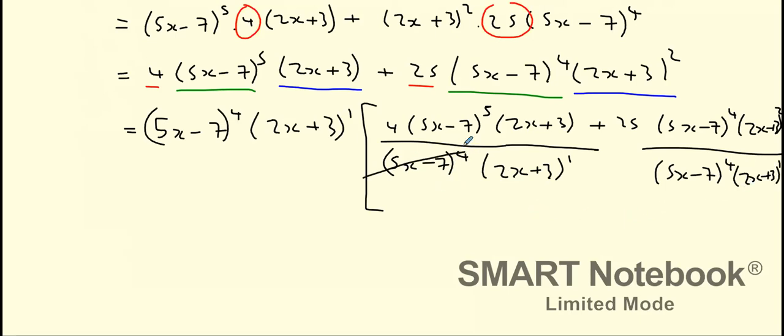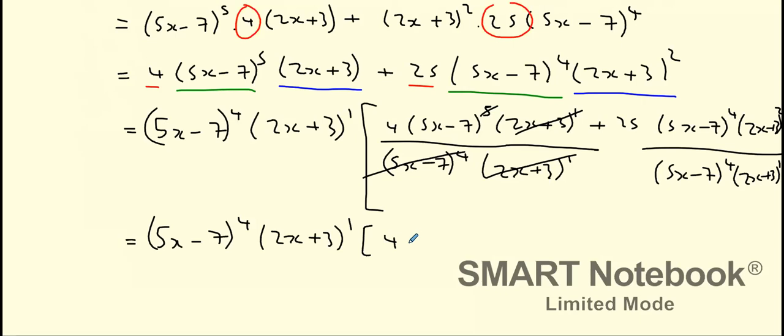Well, this crosses out with this. And this is power 1, this is power 1. They completely cross out. So 5x minus 7 to the power of 4, 2x plus 3 to the power of 1. I'm left with 4 lots of 5x minus 7 for the first bracket, or the first term.